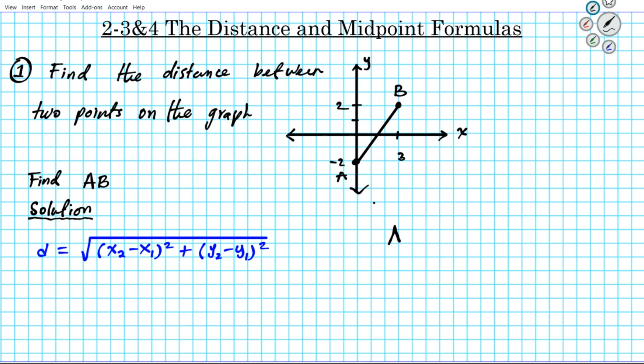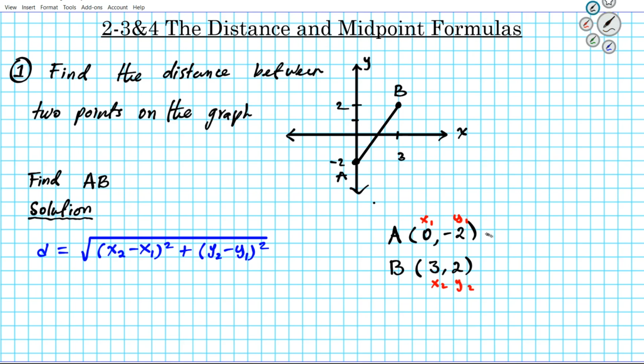All right, so for point A, and then the coordinates of the second point B is 3, 2. So from the first point, we can figure out that this is x1, y1, the coordinates of the first point. And then this is x2, y2.